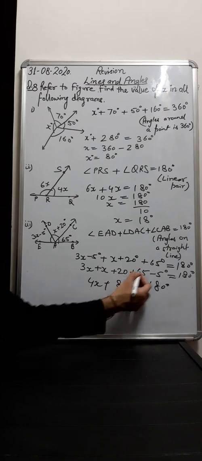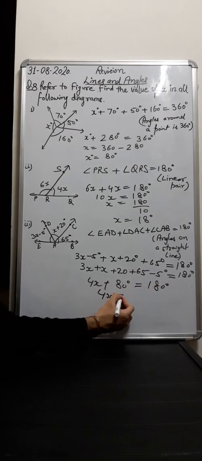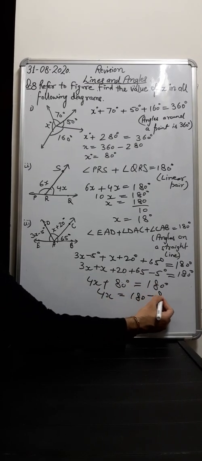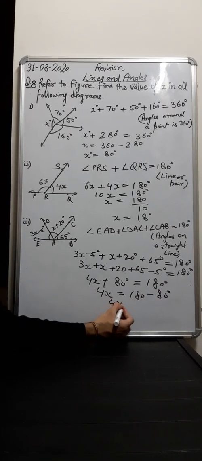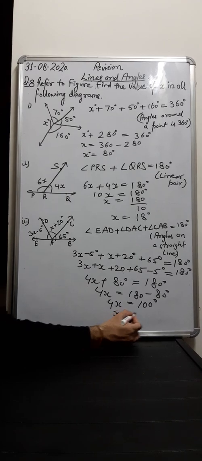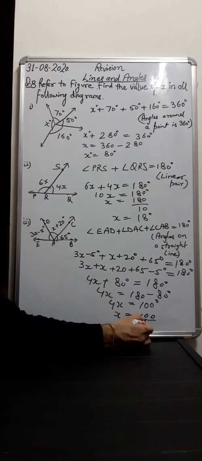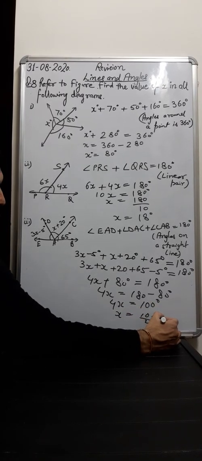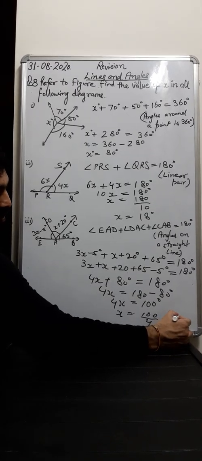First we will take 80 degrees to the right hand side. 4x equals 180 degrees minus 80 degrees. So 4x equals 100 degrees. The value of x will be 100 divided by 4. So the x value is 25 degrees.